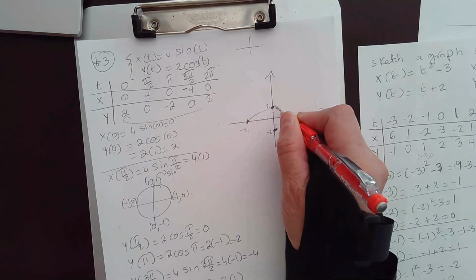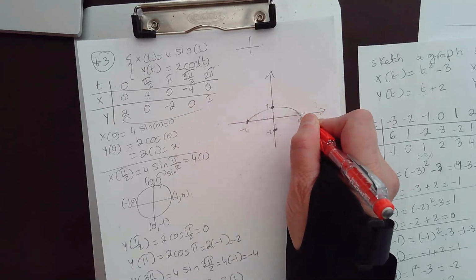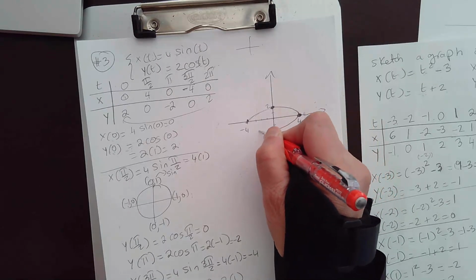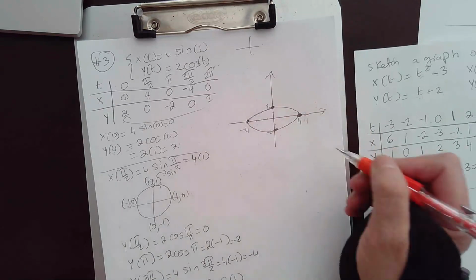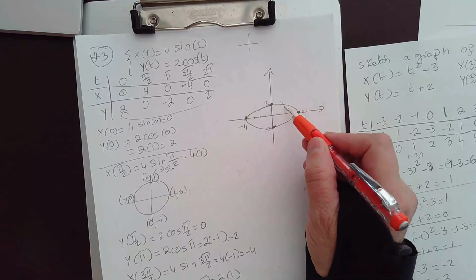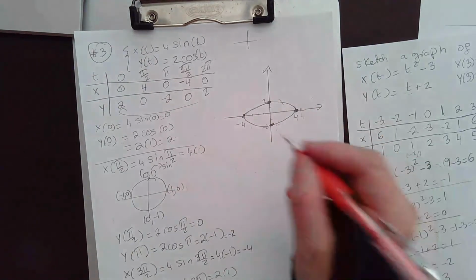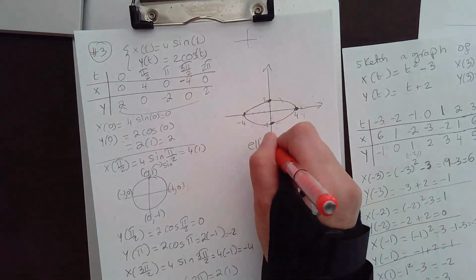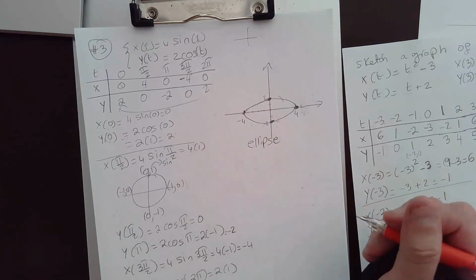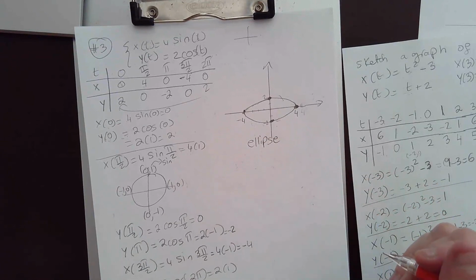So (0, 2), so we're starting with this. We went back. Isn't that an ellipse? That's an ellipse, isn't it?